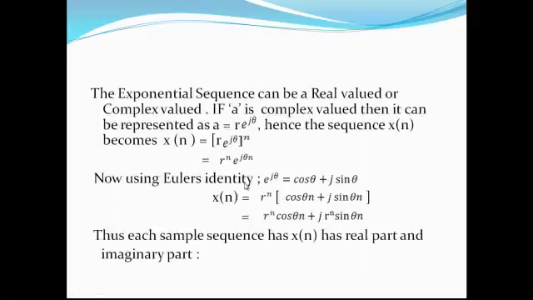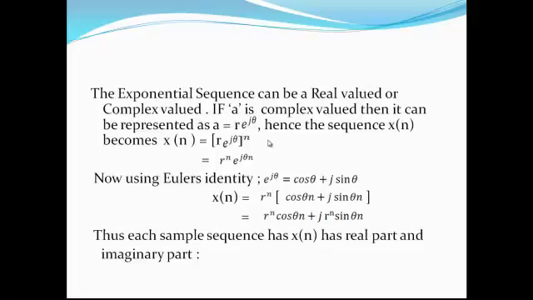Okay. Now, exponential sequence, sorry, why is it a sequence? Because we are talking of discrete signals. That's why it's a sequence, not a signal. So the exponential sequence can be real valued or it can be complex valued. Clear?